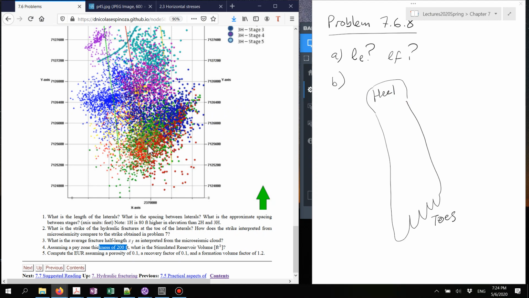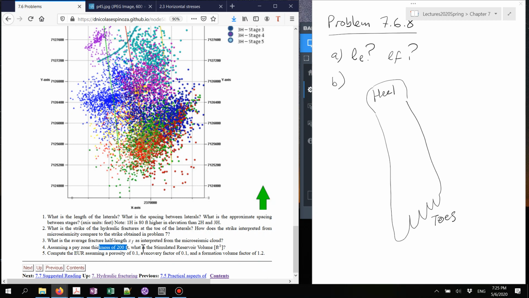If you multiply that hydrocarbon volume times now the recovery factor, that's going to give you the estimated ultimate recovery. And you have that equation here in the notes, so I'm not going to write it again, but I'm just asking you to assume a porosity of 10%, recovery factor of 10%, and formation volume factor of 1.2. So with that, you can compute an estimated ultimate recovery.